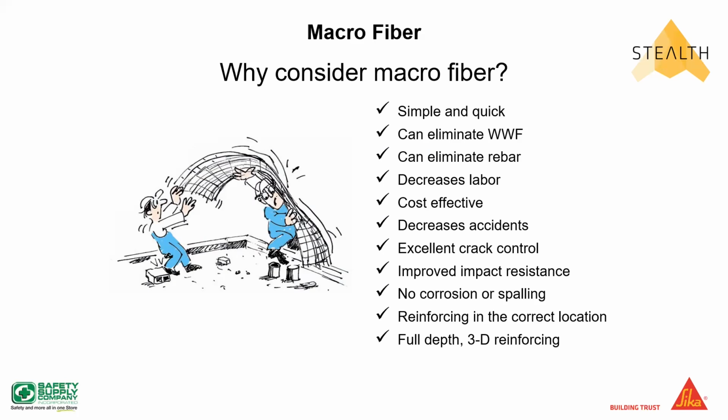We've talked about how it improves impact resistance, no corrosion or spalling, especially when you're talking about a macro synthetic fiber, because in our case, and in most cases for most manufacturers, it's made out of polypropylene. It's typically a polypropylene polyethylene blend, but those two materials are inert, they don't absorb water. They're plastics, made from hydrocarbons, so they don't corrode.